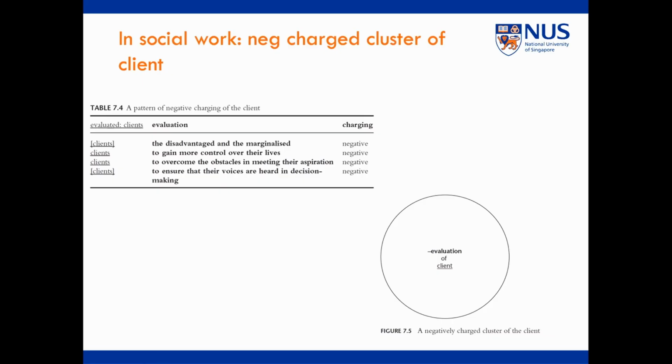But yeah, so I wanted to bring you back to this and think about why they positively charge social work. Well, I suppose it's because they're students of social work. And secondly, why do they negatively evaluate the client in their challenge? Because they're giving themselves legitimacy in the discipline, where they're like, this is my role, to empower the client who's disadvantaged and marginalized.